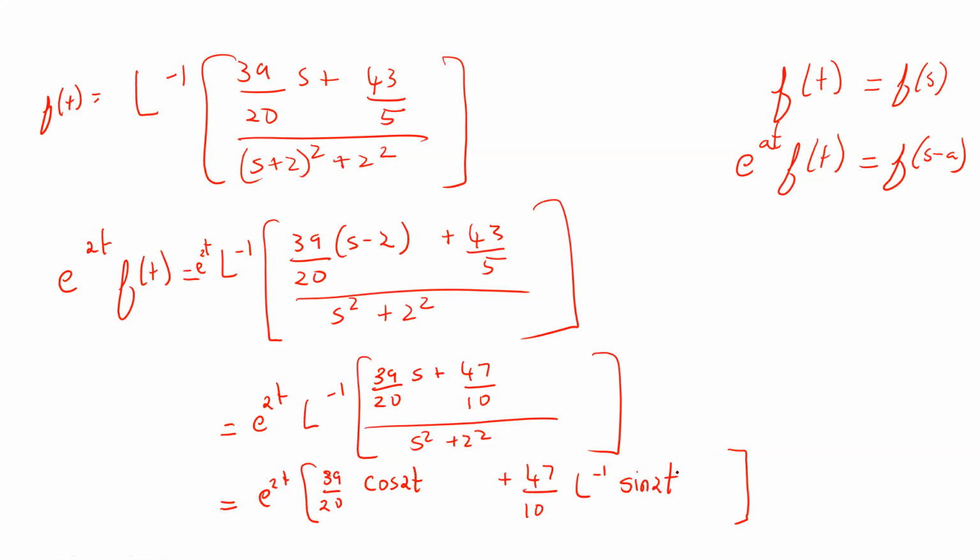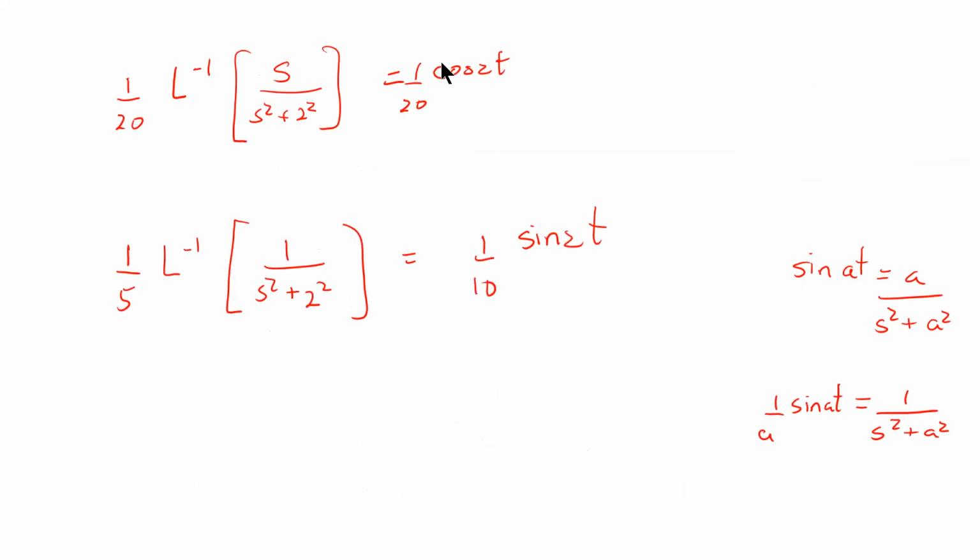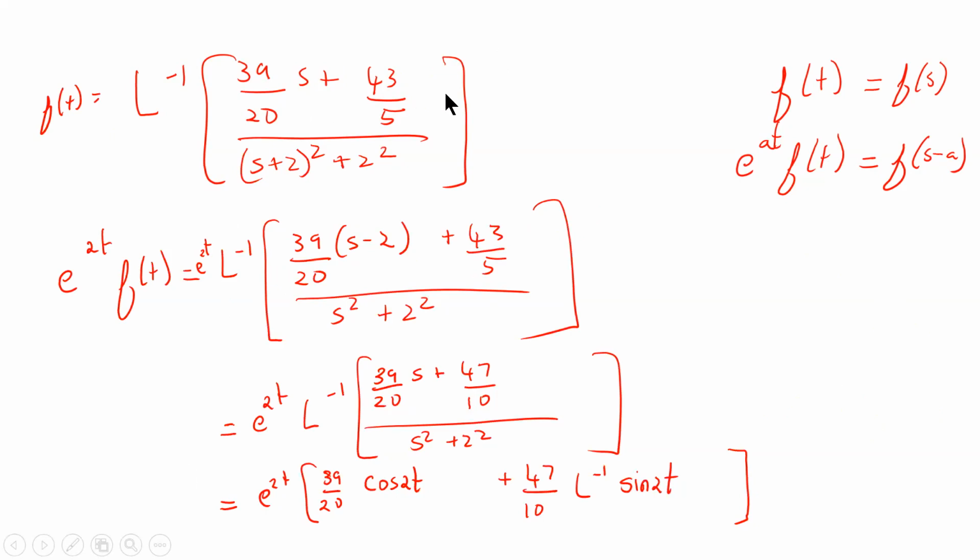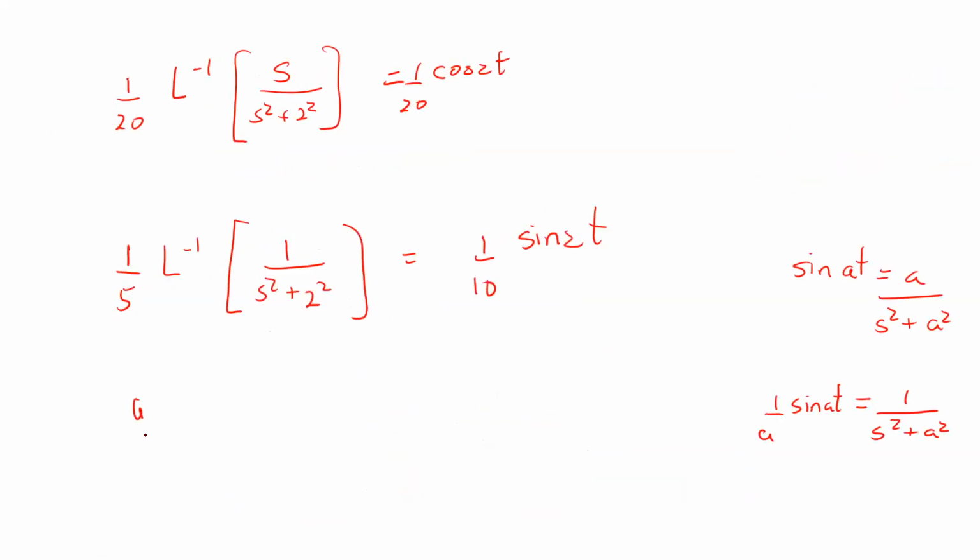So we have these two terms, and the inverse terms that we found out here. The final answer will be these two terms and these two terms. So I'll write out the answer here itself.